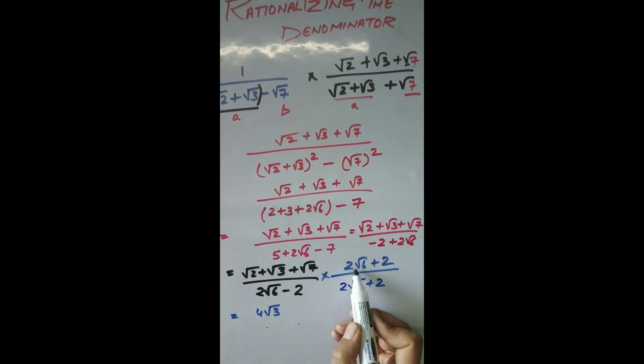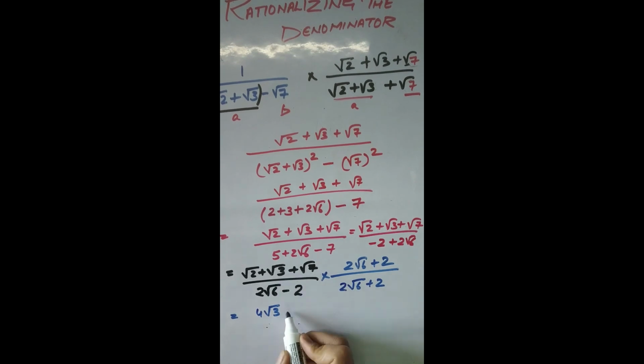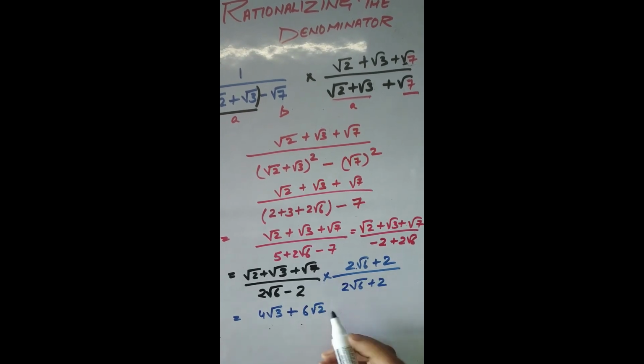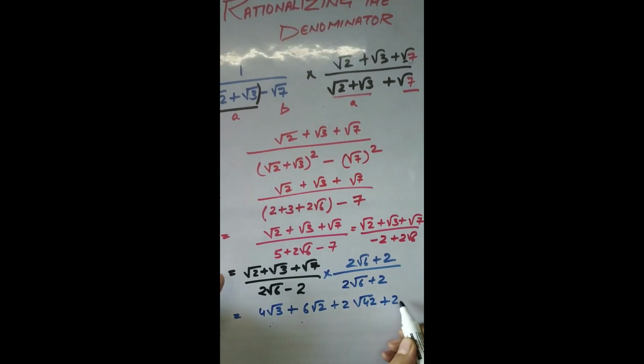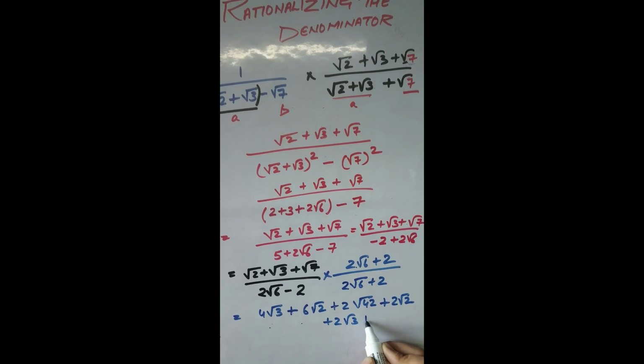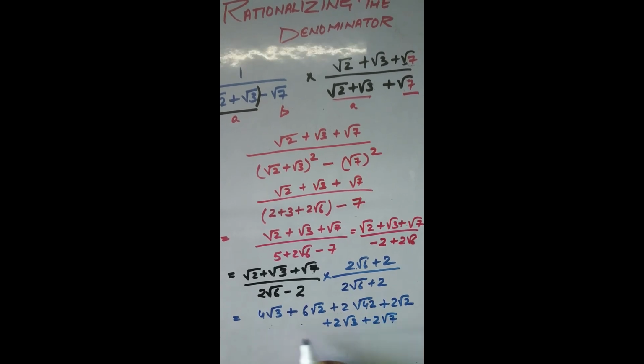Okay, 2 root 6 into root 3 is gonna be 6. 2 root 6 into root 7 is gonna be 2 root 42. Then with 2, it's got 2 root 2 plus 2 root 3 plus 2 root 7.